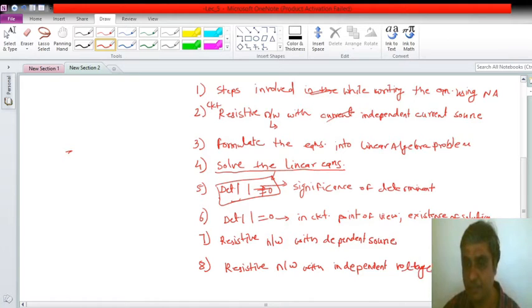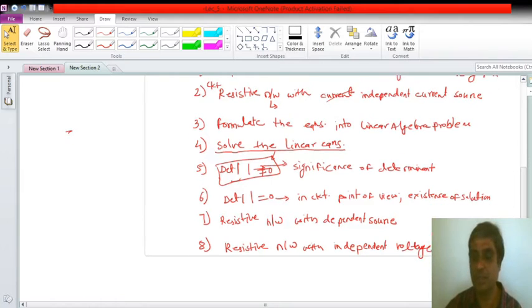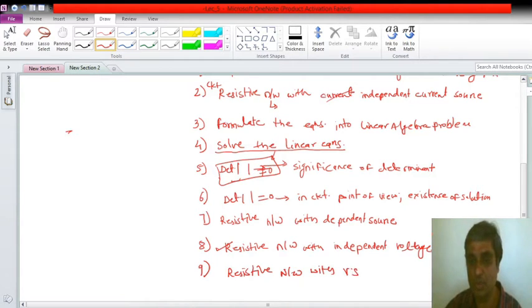After that, we will see how to write the equations for the resistive network when only a voltage source is connected between two nodes.